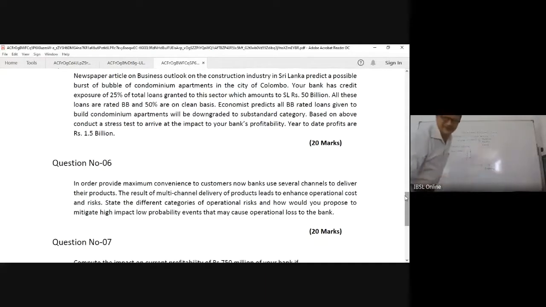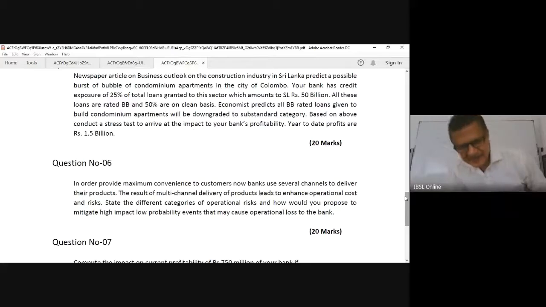And here the question says, how do you propose to mitigate high impact? So it is in this line, low probability. So it is somewhere here. They're asking how you mitigate an event that could occur here.